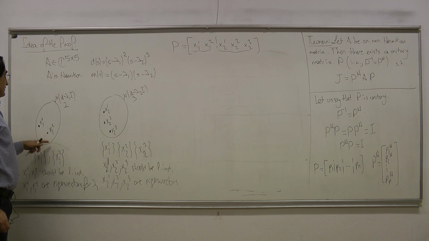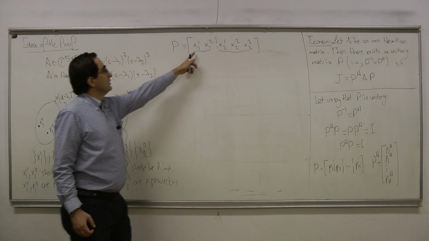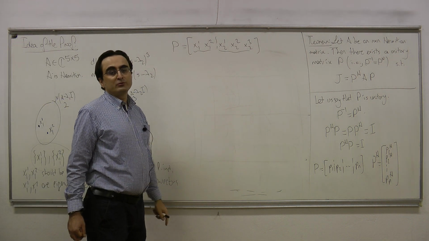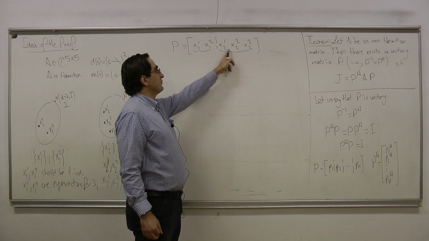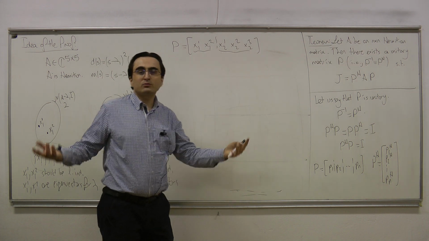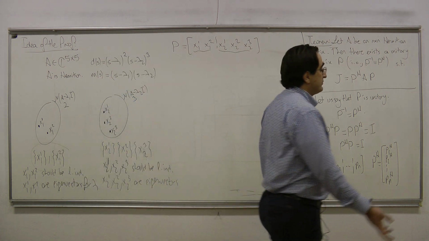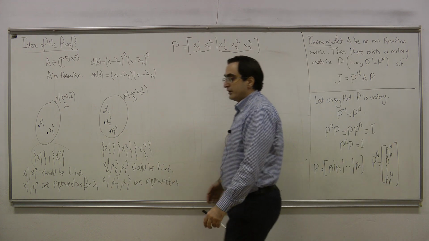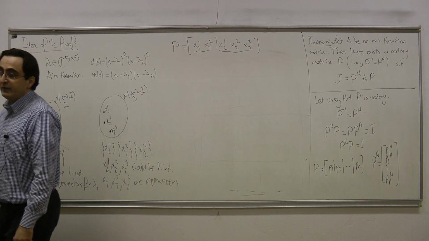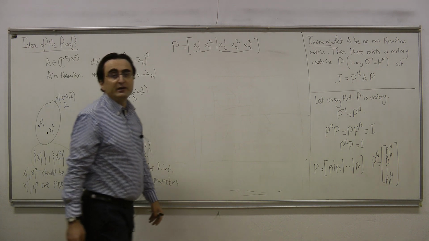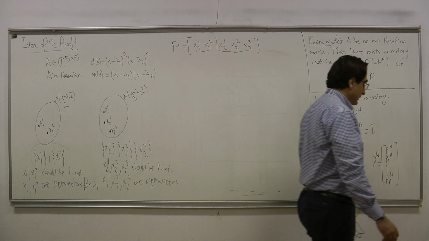I really did not enforce any orthogonality here. So these two columns do not have to be orthogonal to each other. Similarly, these three columns do not have to be orthogonal to each other. As a result, this P matrix really does not have to be a unitary matrix.